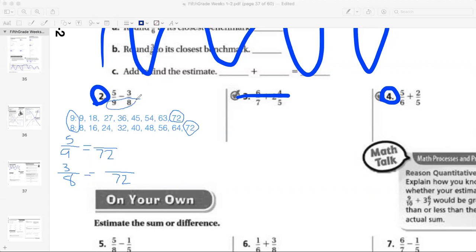This time they had nothing smaller in common, so it's 9 times 8. And then I do the same thing to the top. 5 times 8 is 40. And then 8 times 9 is 72. And 3 times 9 is 27.